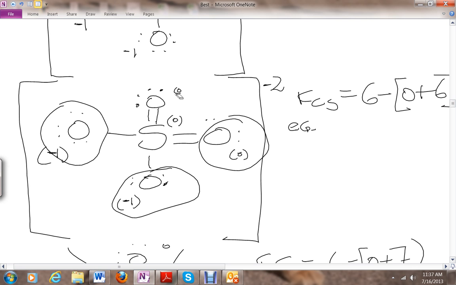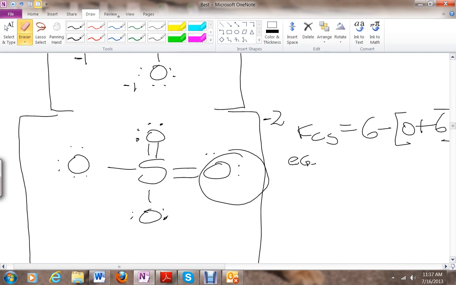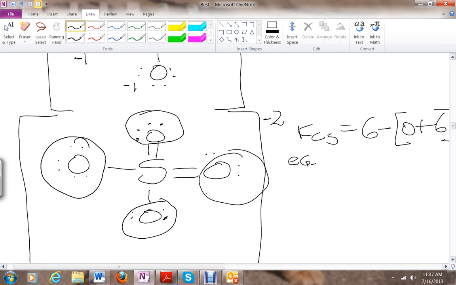And by the way, let me erase the formal charges. So you got one here, and one here. You got 4 domains, which is going to be a tetra. And what would be the shape, molecular shape, MS or molecular geometry? It would be 4 and 4, 0 lone pair, it is going to be tetra.